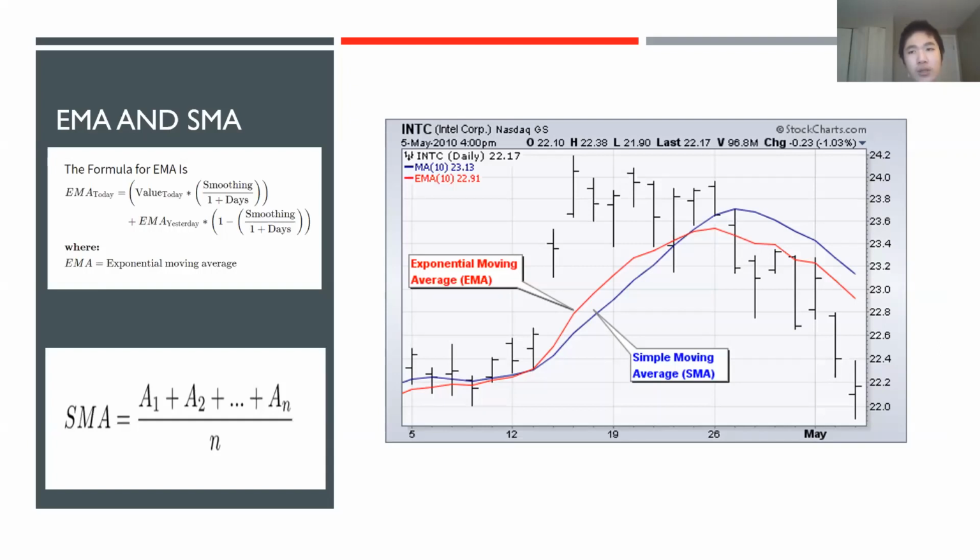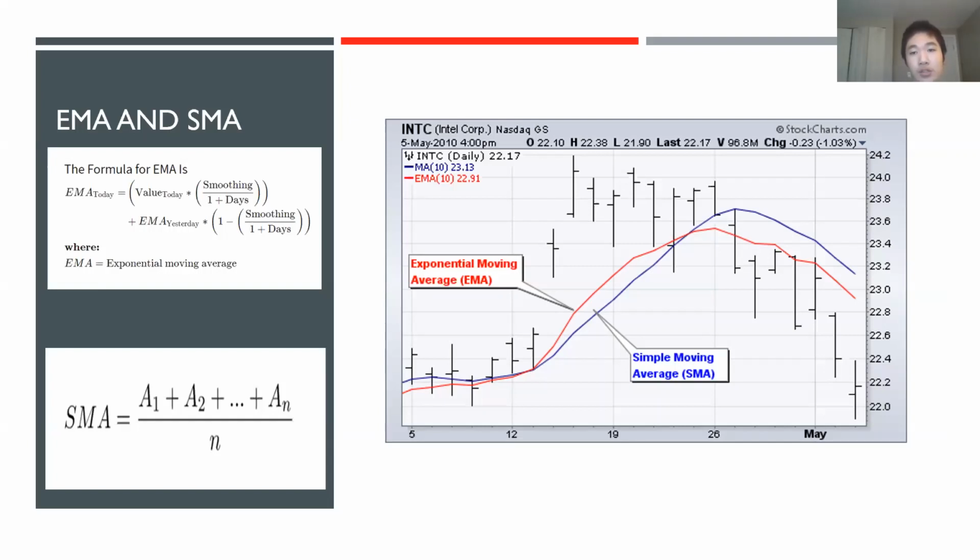So to illustrate the main difference between EMA and SMA: EMA puts more emphasis on the most recent price change, unlike SMA that gives an equal weighting for all periods in the time frame.